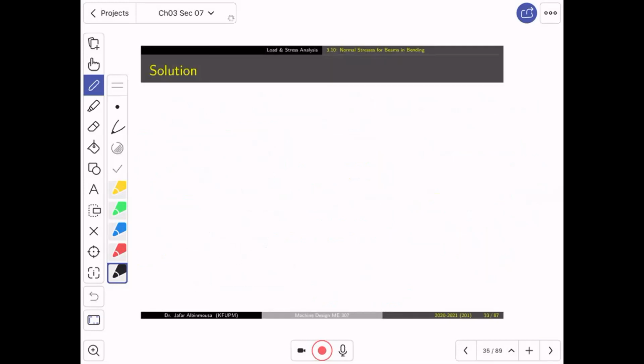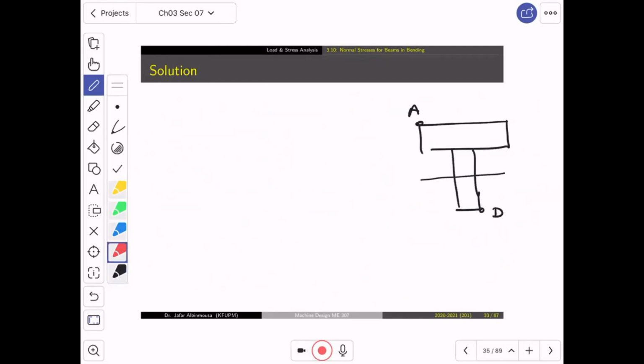The last step for me is to find the stress. Now, if you recall again, this is the cross section, okay? And this is the neutral axis. And point A is here. Point D is there. Now, also, I know that the upper part will be under tension.